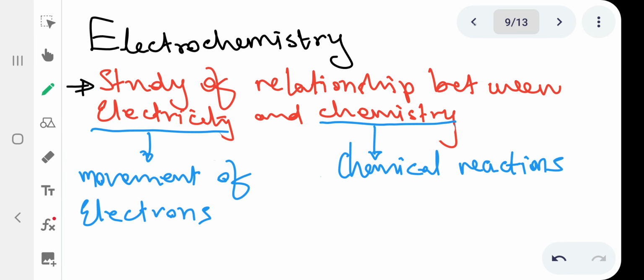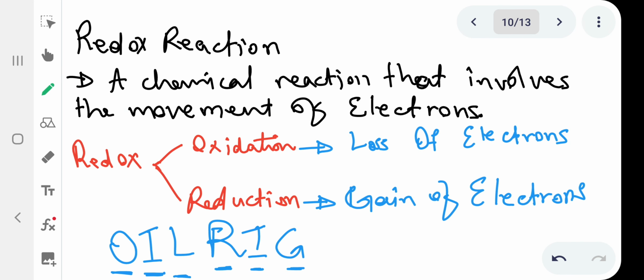So this is a typical introduction to electrochemistry, which is the study of the relationship between electricity and chemistry. In these chemical reactions, there is movement of electrons, and that type of reaction is called a redox reaction. Redox has two half reactions: oxidation, which is the loss of electrons, and reduction, which is the gain of electrons.